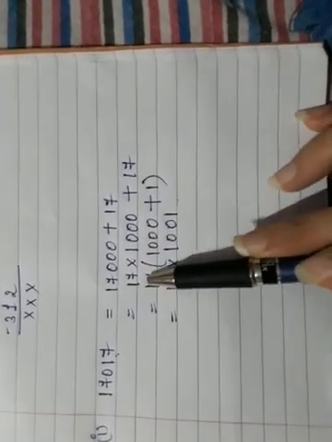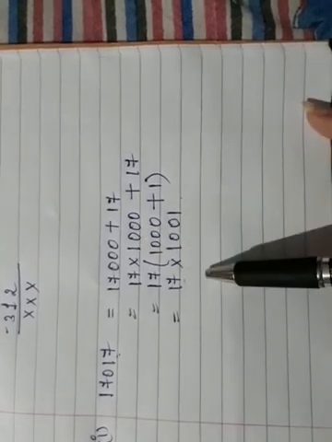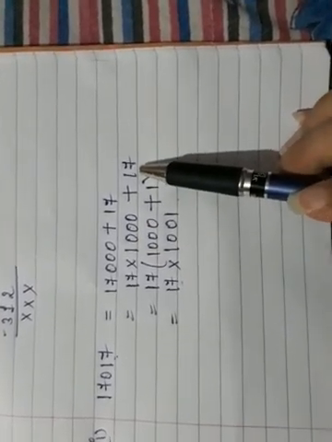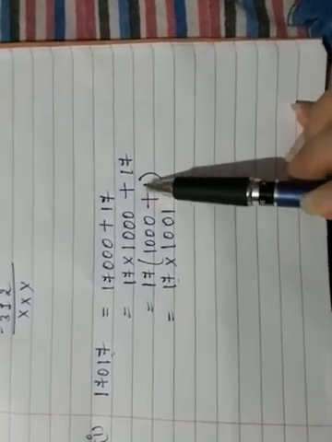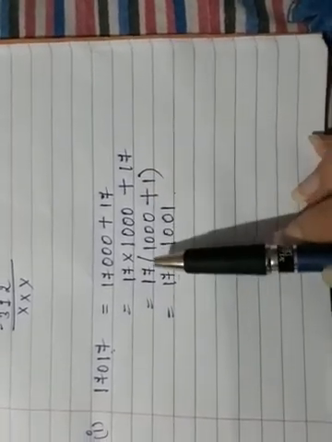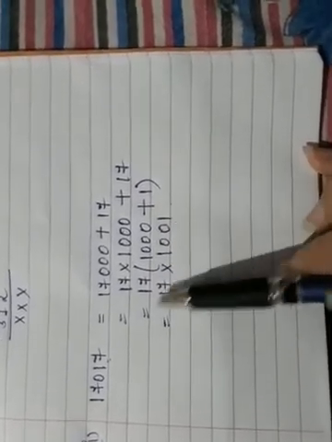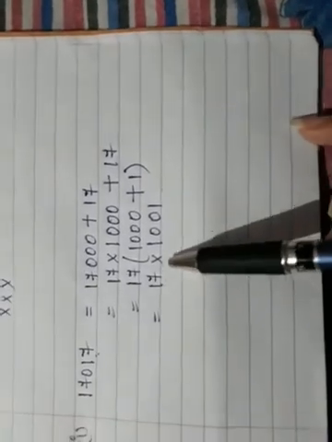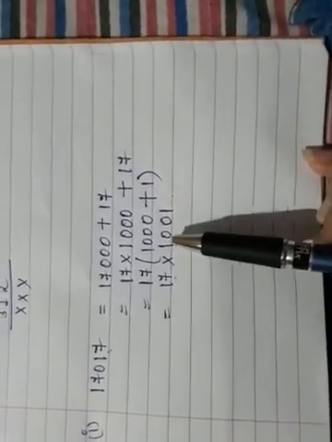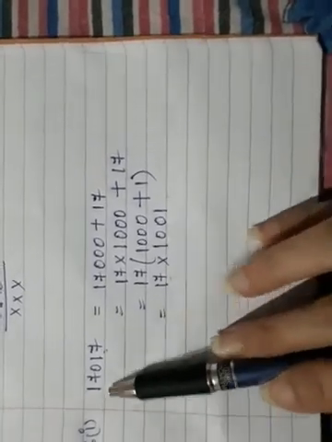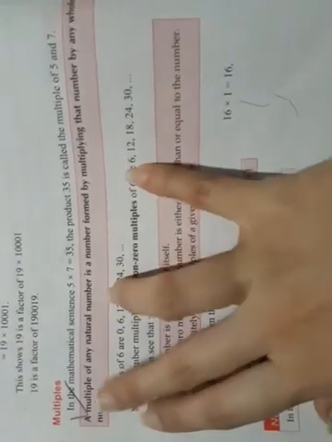So I'll take 17 common, and then what is left? 1000 here, and as I have taken out 17 as the common number, here I'll write 1. Now 17 into 1000 plus 1 is 1001. So this number could be written as 17 into 1001. So this shows that 17 is a factor of 17,017.